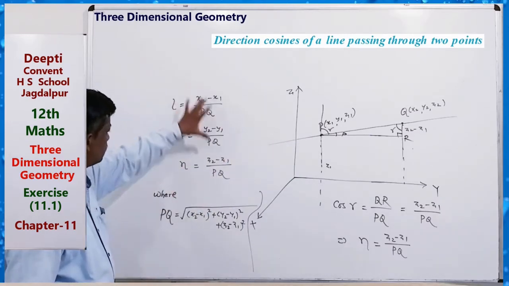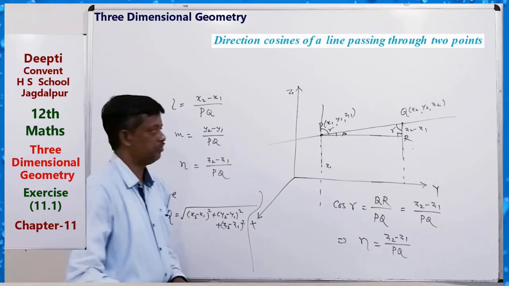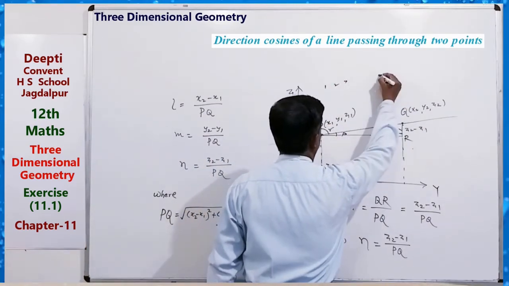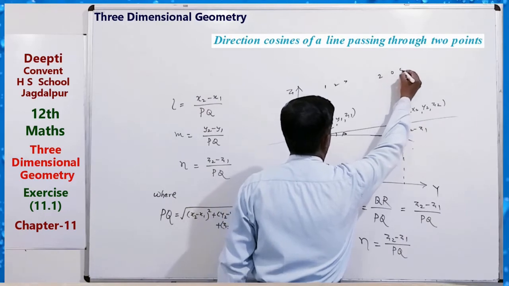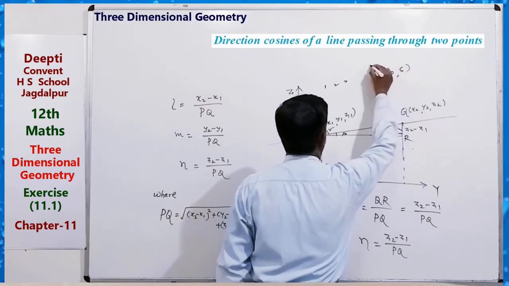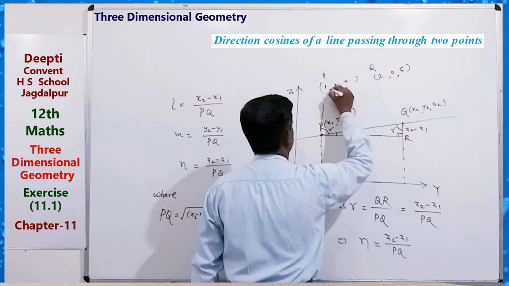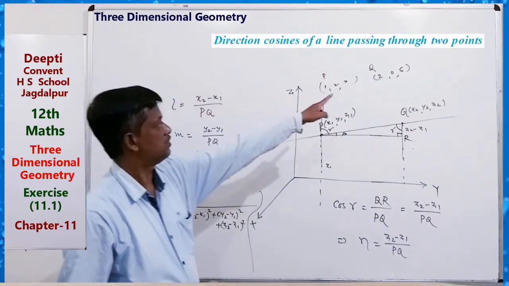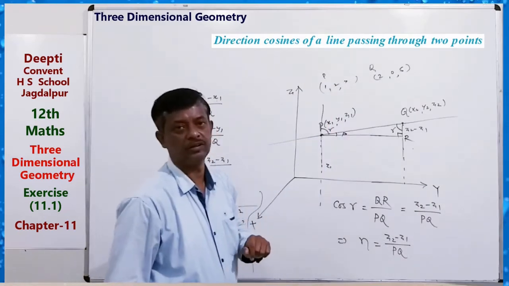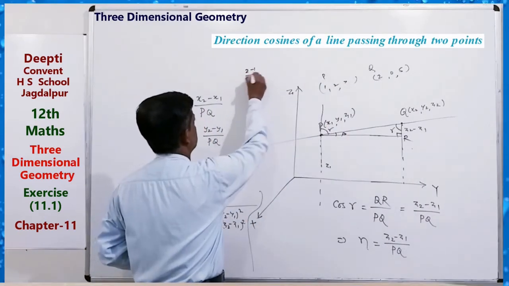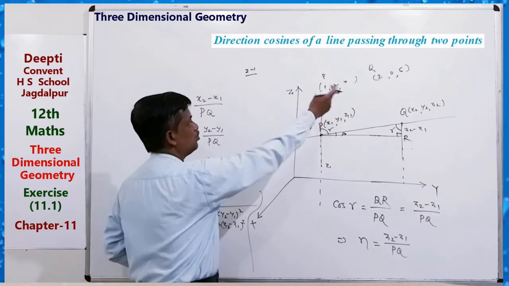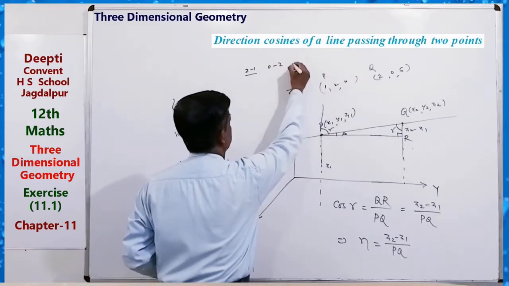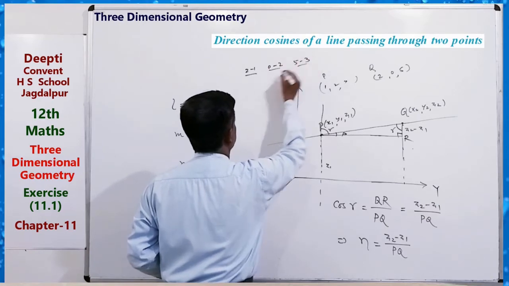Okay, so direction cosines can be found. Suppose this is (1, 2, 3) and this is (2, 0, 5). They are two points, this is P and this is Q. Then how can you find them? x2 minus x1 means 2 minus 1, 0 minus 2, 5 minus 3, upon PQ.